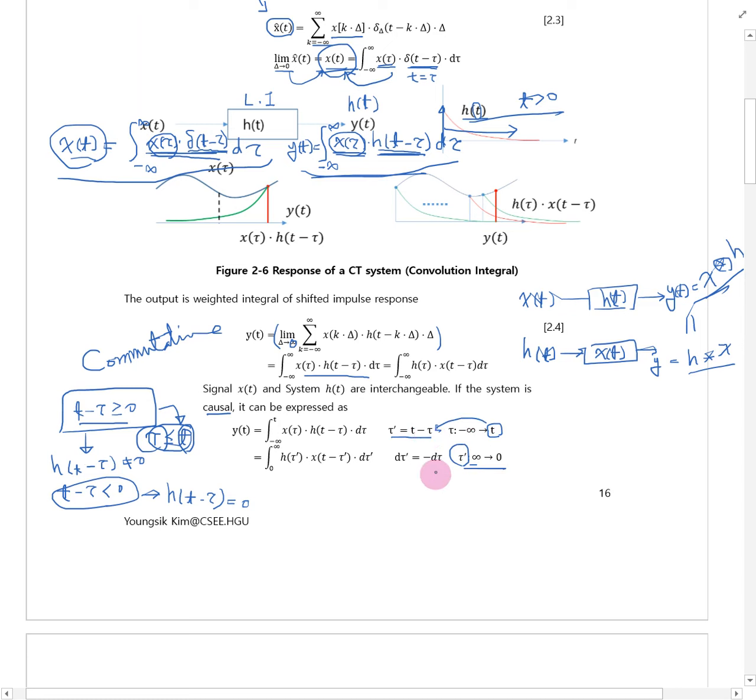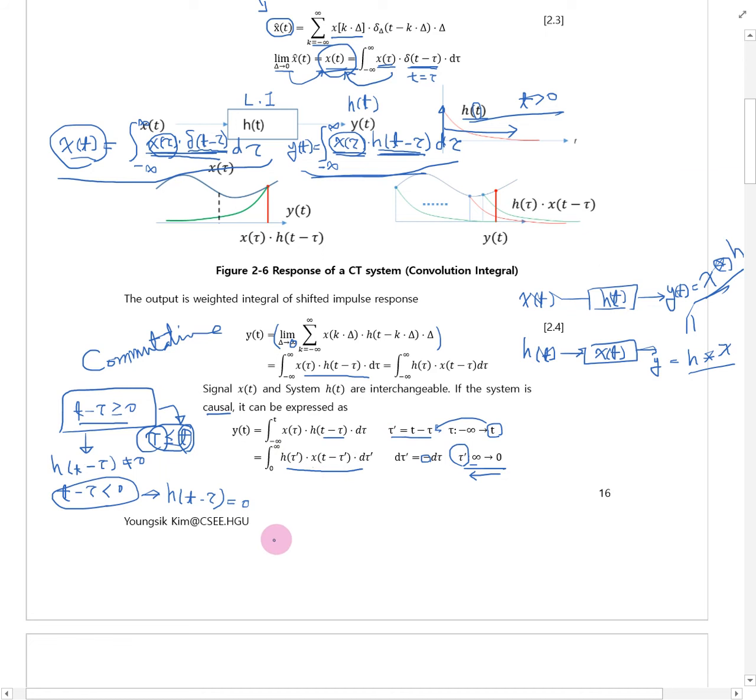So by change of variable, the limits change, and d tau prime is minus d tau. Due to this minus, the integration direction can go from 0 to infinity, with h of tau prime, and tau is t minus tau prime. This is also valid.